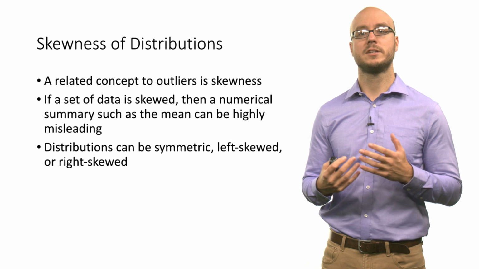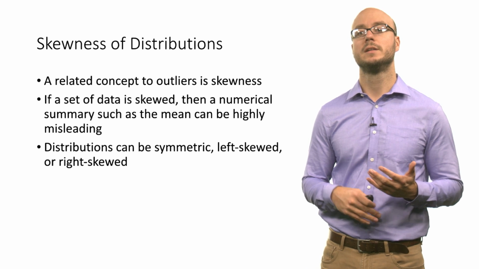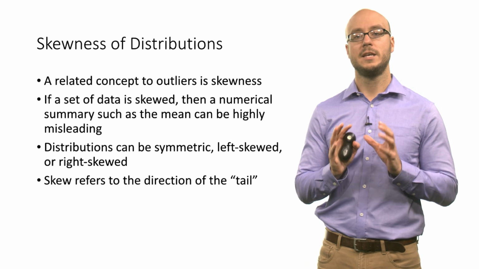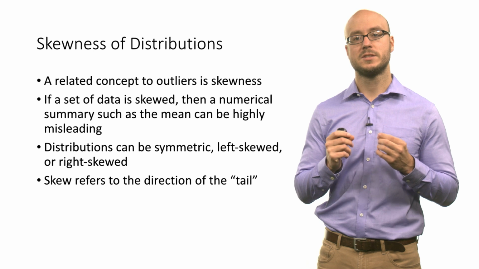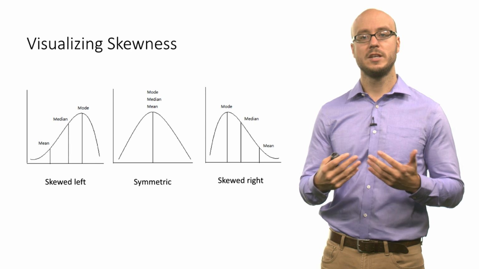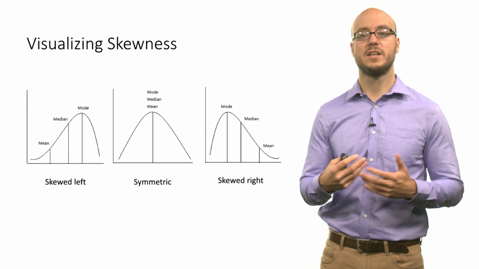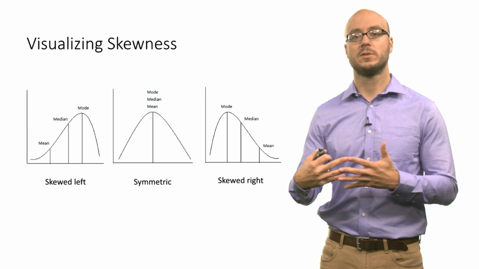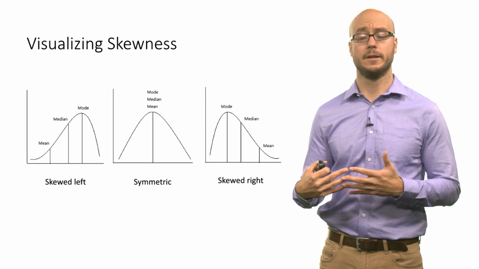We like to talk about distributions in terms of being symmetric, left skewed, or right skewed. One key point about skewness is that the skew is referring to the direction of the tail. So these are three different distributions with different kinds of skewness. You can think of skewness as where a lot of outliers are located.